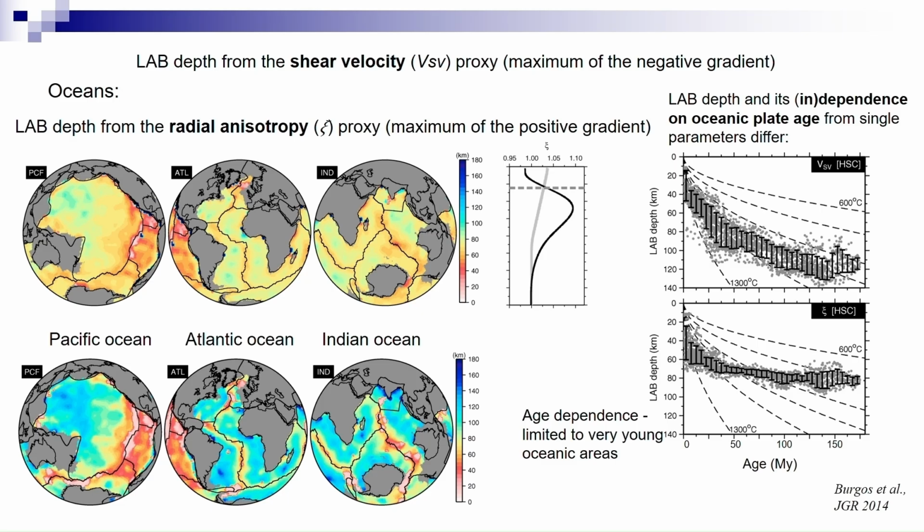Figures are plotted on the same scale. We can see significant differences in the LAB depth. LAB from radial anisotropy is still lower than that from the VSV velocity. Moreover, in case of LAB determined from radial anisotropy, the age dependence is limited to very young ocean regions.